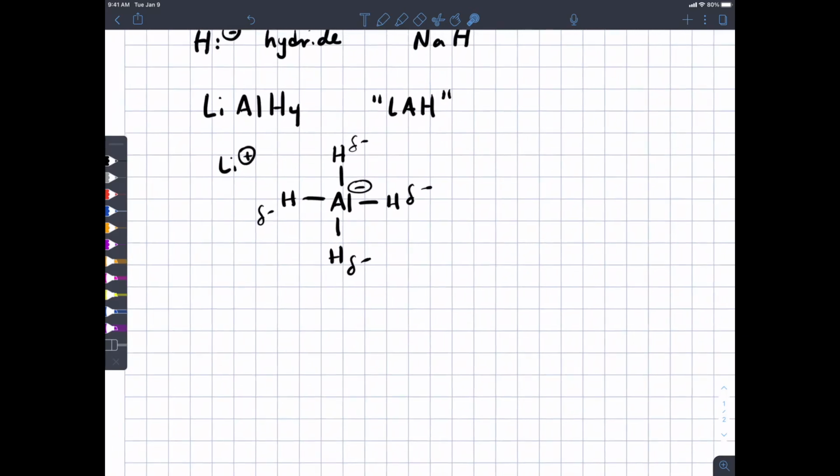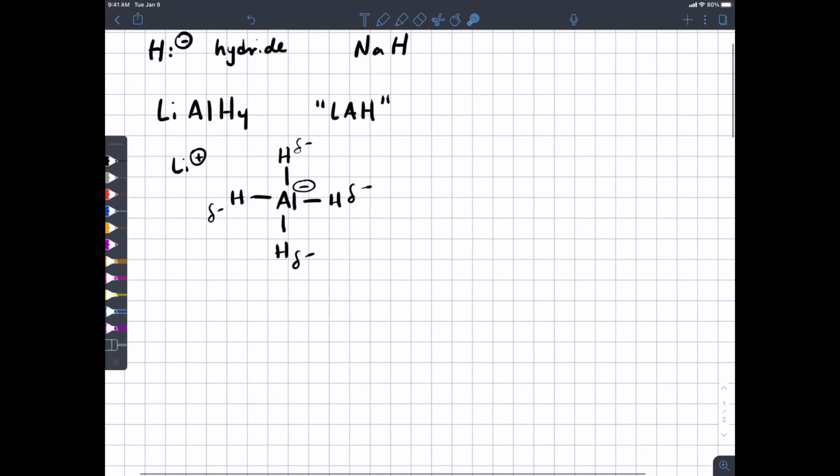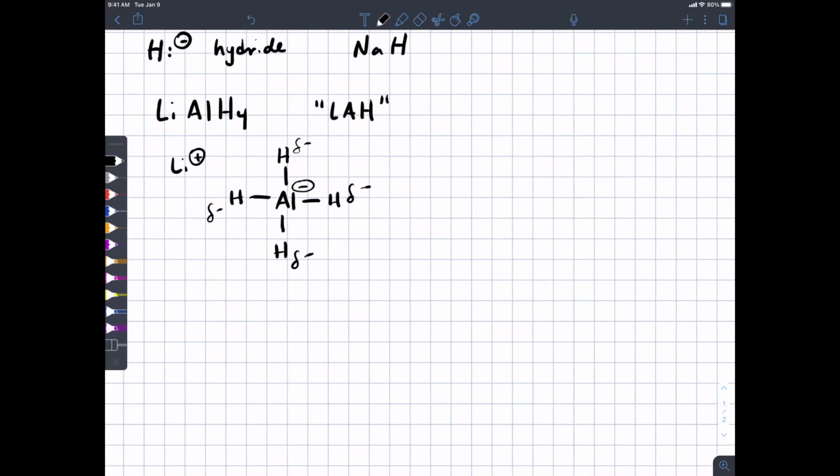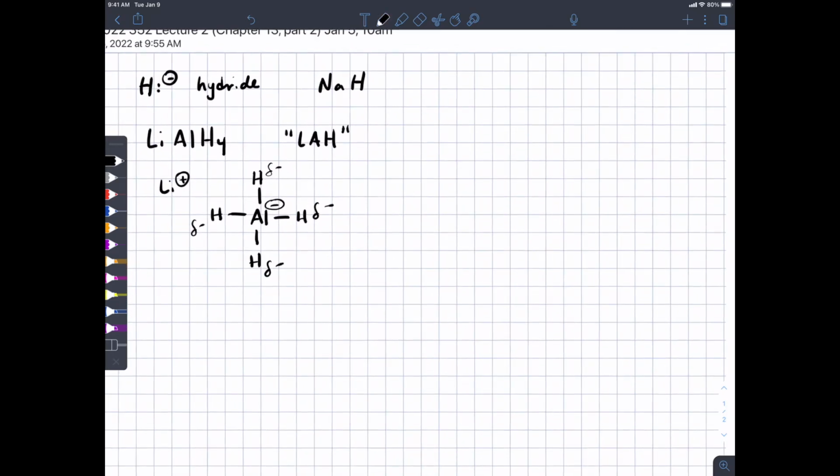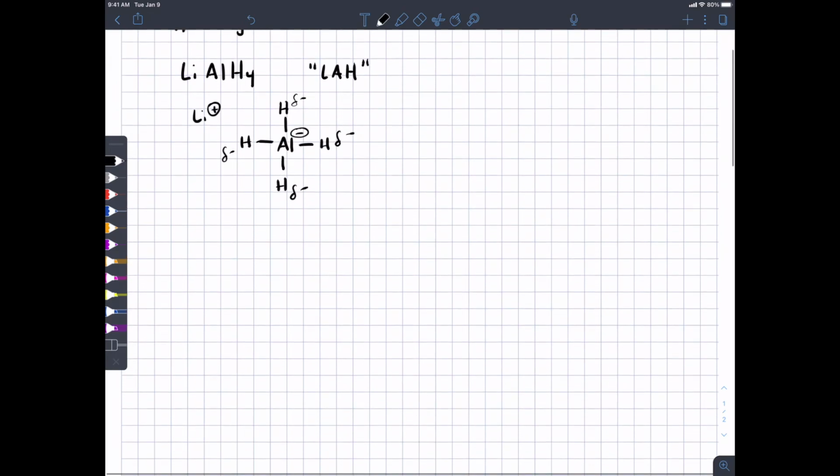All right, so how does this work? So let's just take an aldehyde to begin with, and let's react lithium aluminum hydride with it. The way I'm going to draw this is just to have a hydrogen bound to aluminum with a negative formal charge on aluminum.